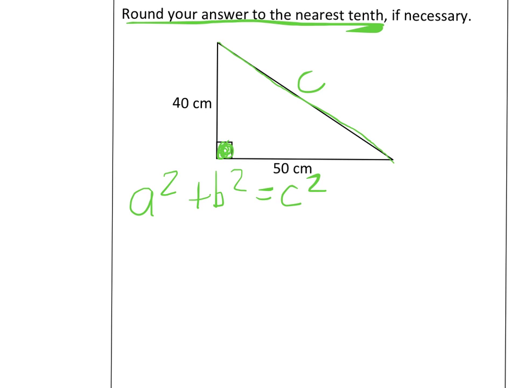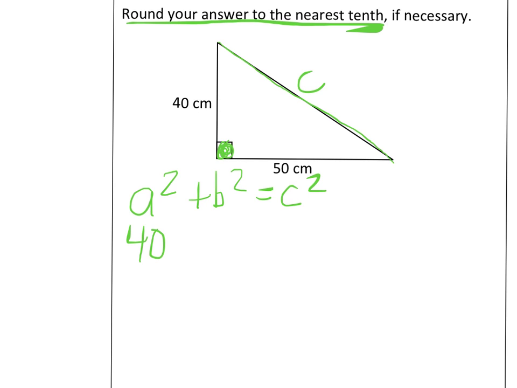We're going to start by writing down the Pythagorean theorem formula, a squared plus b squared equals c squared. And then with any formula, we want to substitute the information that we know. We know the legs of the triangle are 40 and 50 centimeters, and the legs are represented by a and b in our formula.